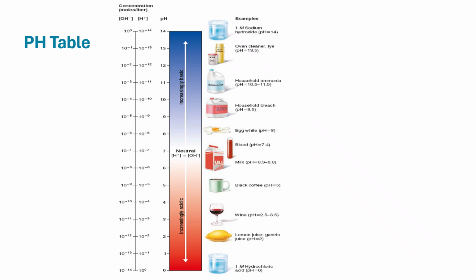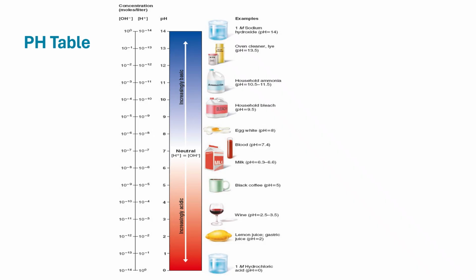As we move up the pH scale from 8, 9, 10, 11, 12, 13, 14, these become more basic. So this would be a stronger base than oven cleaner. Oven cleaner would be a stronger base than household ammonia. As we get closer to neutral, they get weaker.